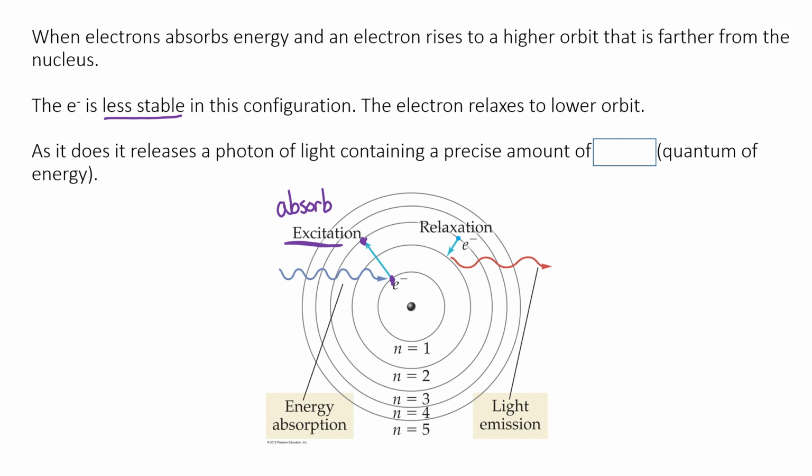So when it relaxes, it releases energy, or emits energy. And so it falls from that higher position down to that. When this happens, we see a flash of light or a color of light. All right. And so it does that by releasing energy in a precise amount of quanta.